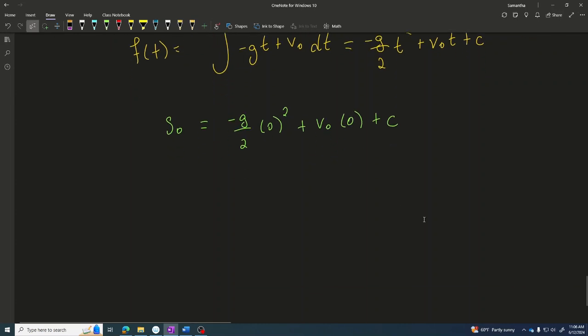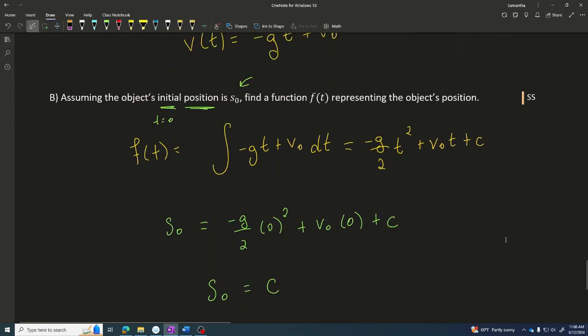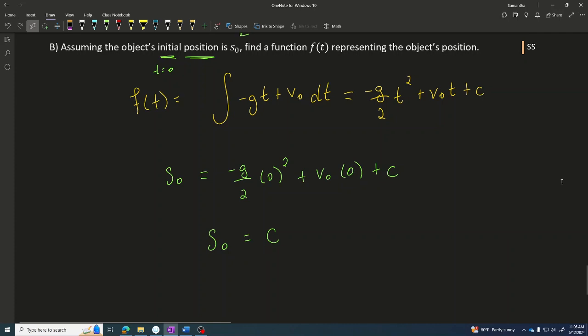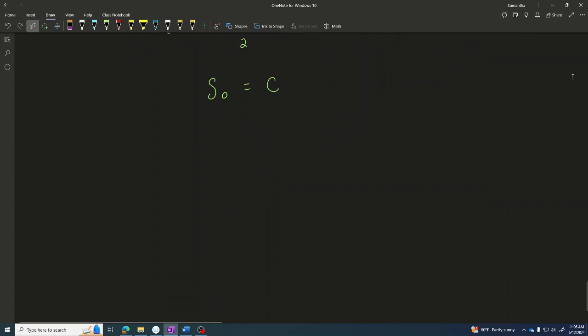And after simplification, we can see that this means that the c in this step of the problem has to be exactly equal to the initial position of the object.